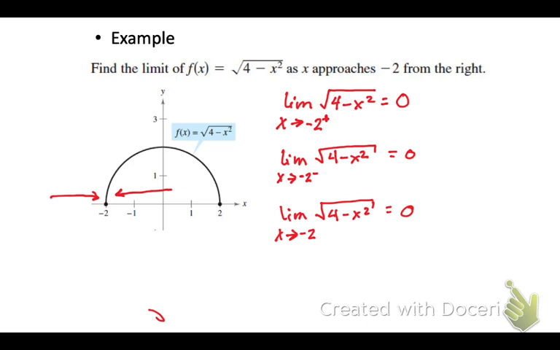Okay. In order for the limit at negative 2 to exist, doesn't the left and the right have to be the same? Yeah, because we talked about that. If it's not the same from the left and the right, it doesn't exist at the point, does it? Make sense? There's a lot of theorems, and one of them is going to say exactly that.